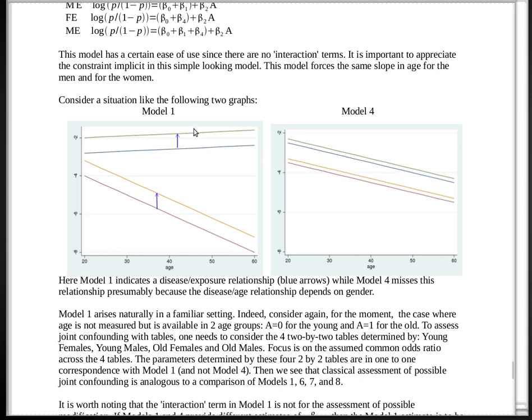In other words, with Model 4 we get non-zero vertical distances, but with Model 1 we get tiny vertical distances. Okay, so Model 1 is correctly displaying the disease exposure relationship. And what are we seeing? We're seeing that we really needed Model 1 and not Model 4. Okay.